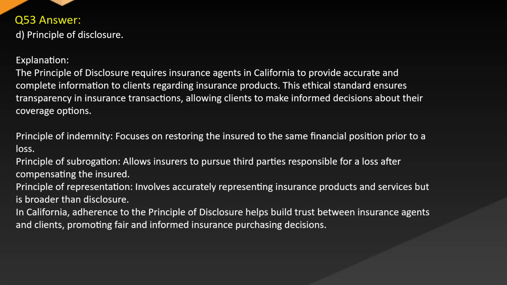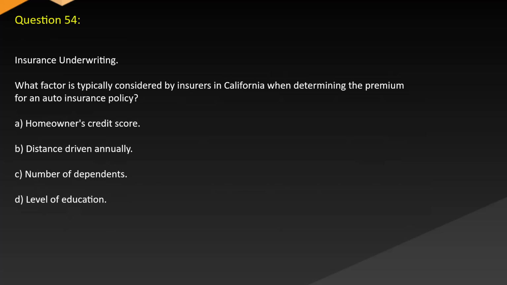Principle of subrogation allows insurers to pursue third parties responsible for a loss after compensating the insured. Principle of representation involves accurately representing insurance products and services but is broader than disclosure. In California, adherence to the principle of disclosure helps build trust between insurance agents and clients, promoting fair and informed insurance purchasing decisions. Question 54.